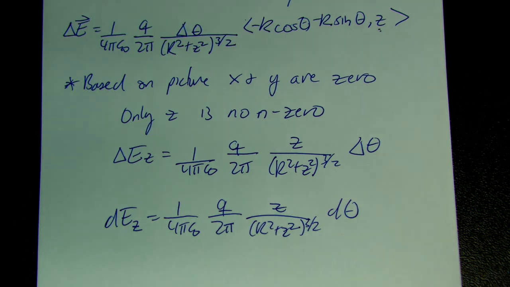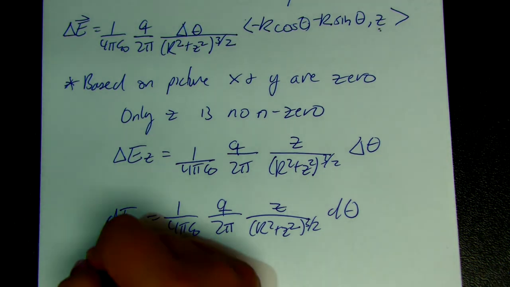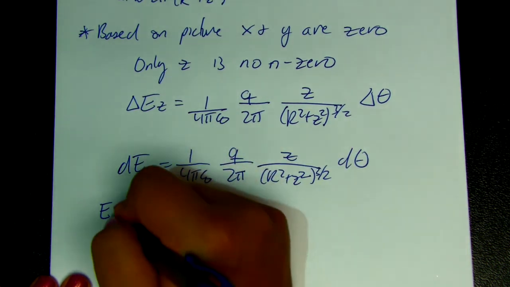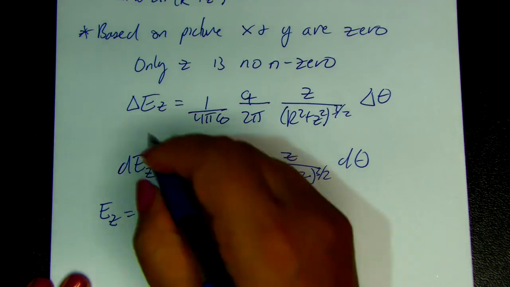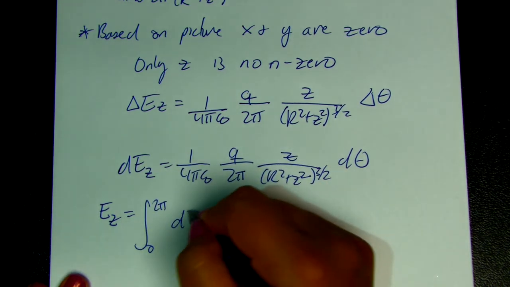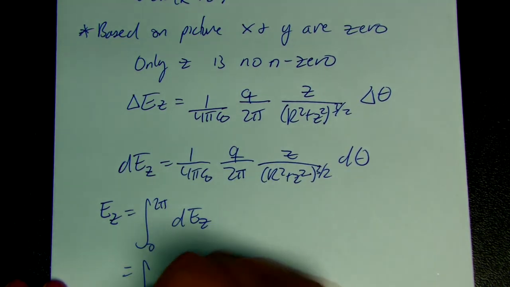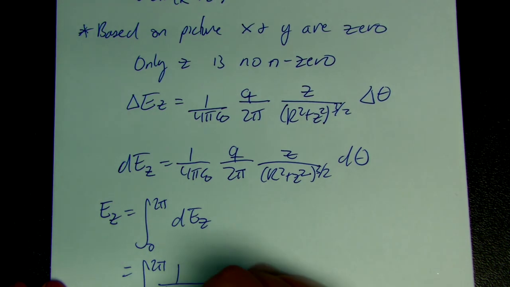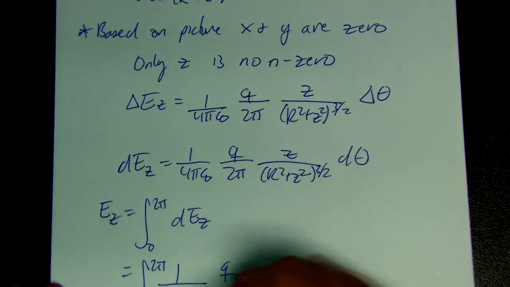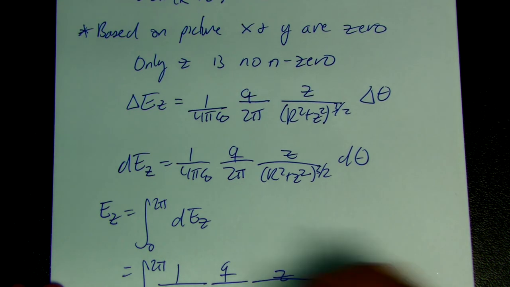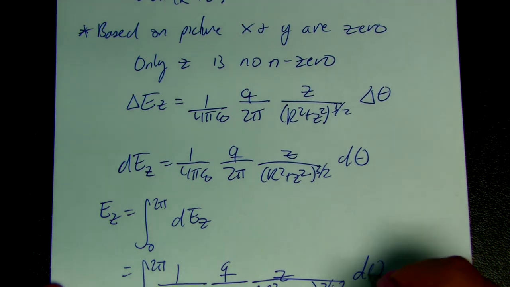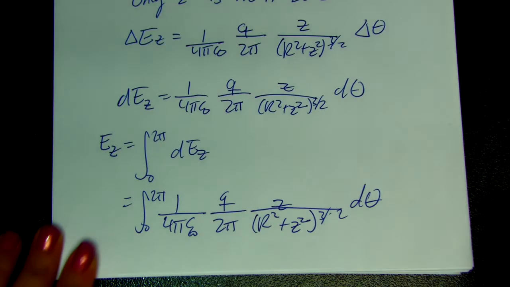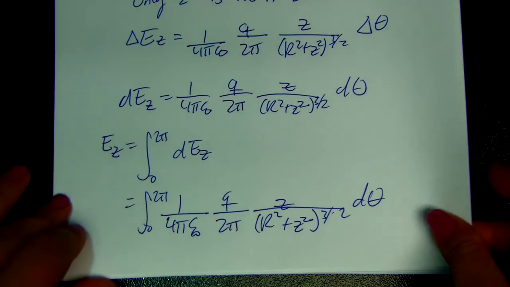All right, but we are not done. So E sub z is going to be the integral from 0 to 2 pi, as we go all the way around the circle, of dEz, which is the integral from 0 to 2 pi of 1 over 4 pi epsilon naught q over 2 pi z over r squared plus z squared to the power of 3/2, and we're going to be integrating, summing, by d theta.